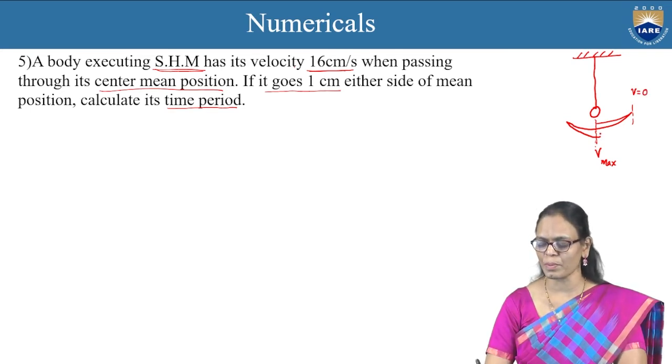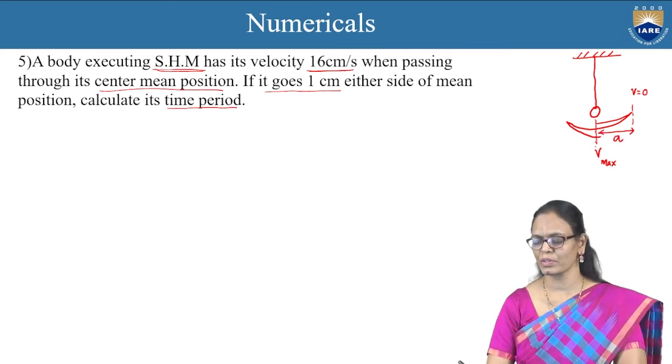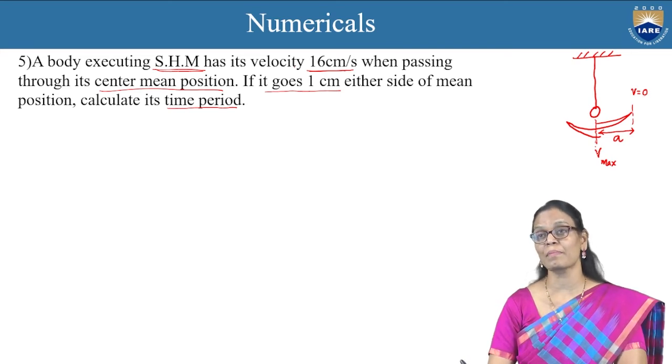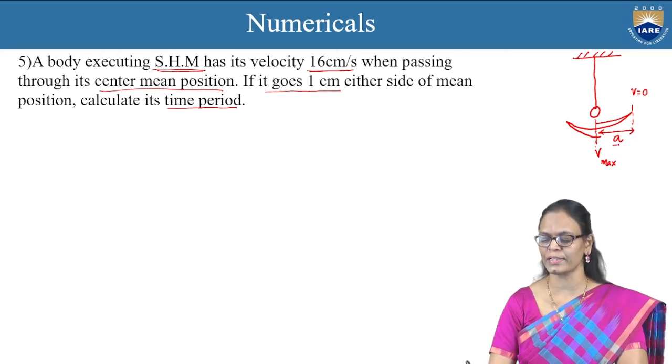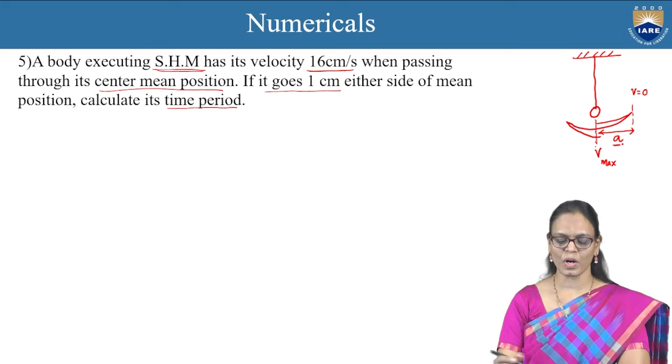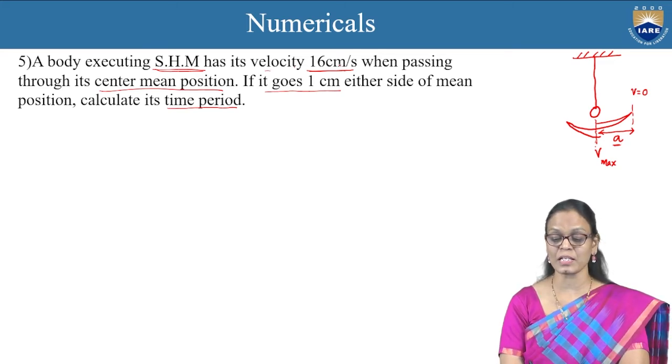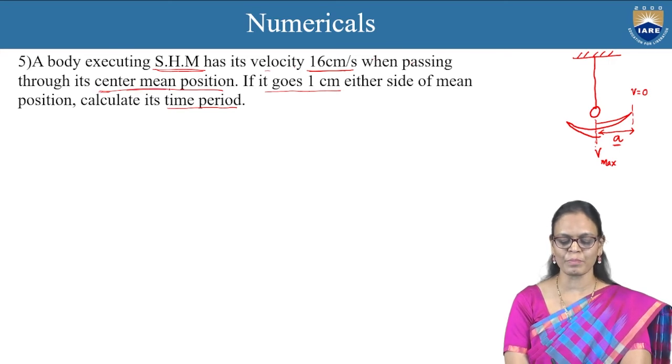And we also know the maximum displacement from the mean position, we call it amplitude. So these three things we need to know. The velocity is maximum at the mean position and the maximum displacement from the mean position we call amplitude. So what is given here? The velocity is 16 centimeter per second when it is passing through the mean position.